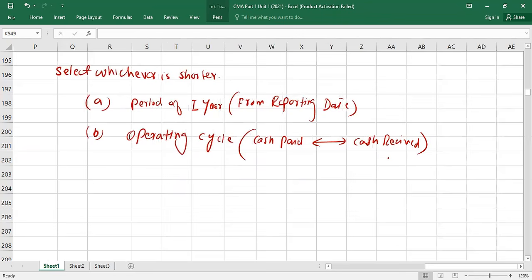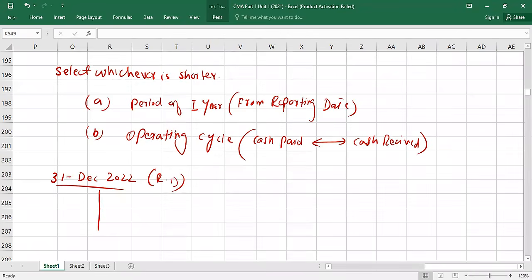Let's understand what it is, and then we will move to current and non-current. First, understand these two terms. For example, your balance sheet date, the balance sheet you are preparing, is 31st December 2022. This is called your reporting date. At this date you are standing now, because you are preparing the balance sheet.